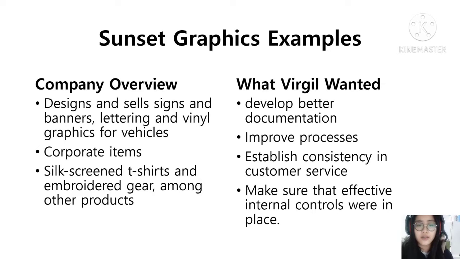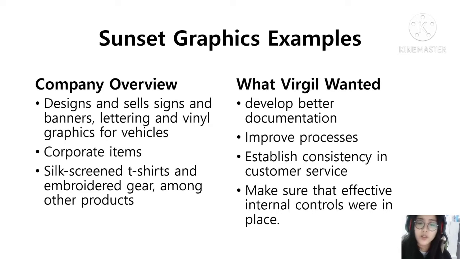And then we can look at the conversion business process through Sunset Graphic Company. The Sunset Graphic Company designs and sells signs and banners and lettering and vinyl graphics for vehicles.